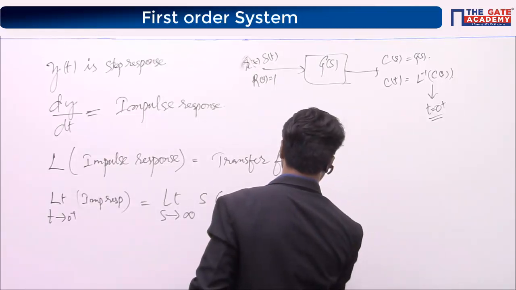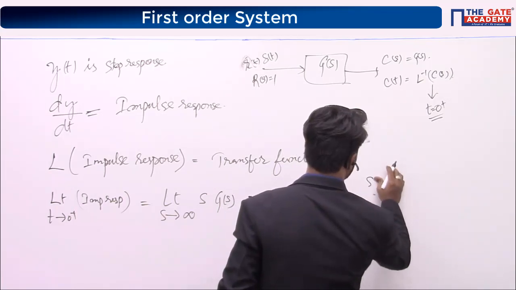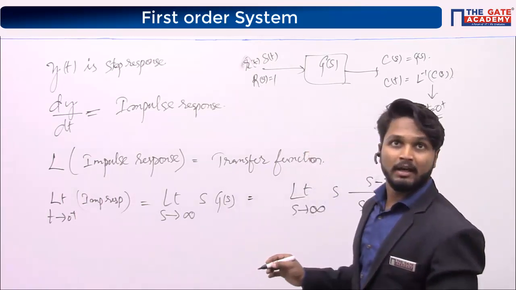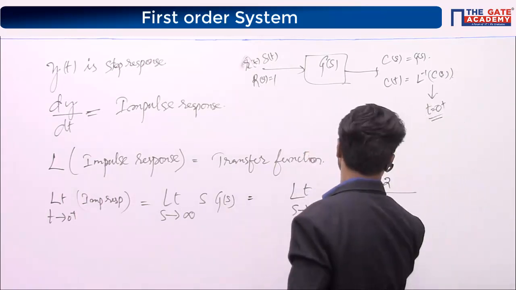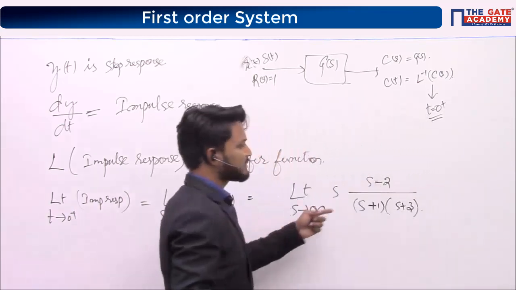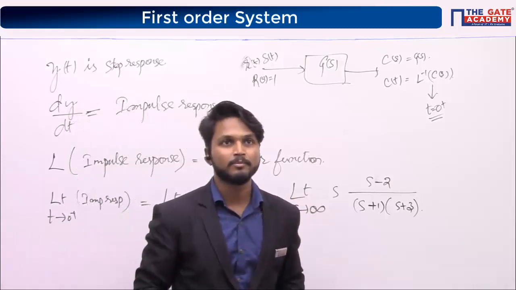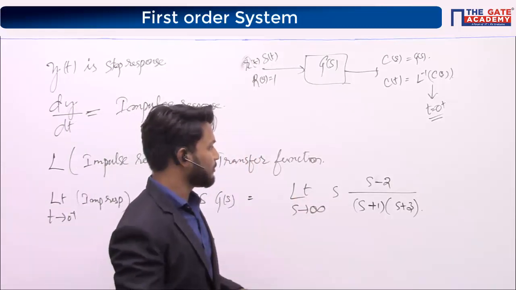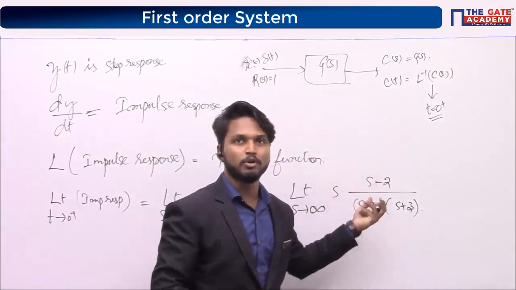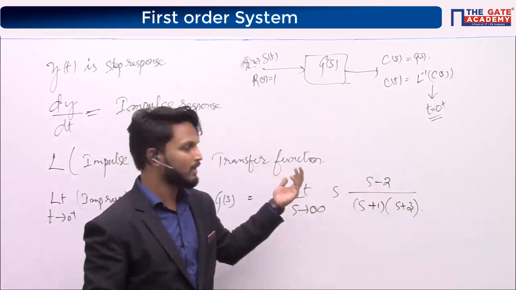Limit s approaches infinity of s into (s minus 2) divided by (s plus 1)(s plus 3). If you put s equal to infinity in this, you will get infinity by infinity form, which means you have to just take s common from numerator and denominator.